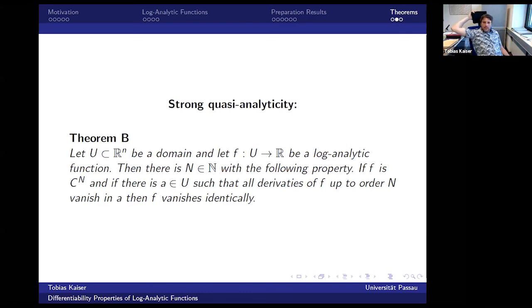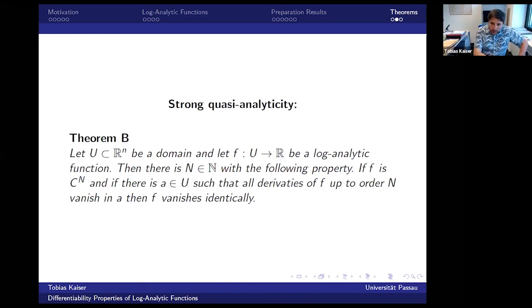If f is C^N, and if there is an A in U such that all derivatives of f up to order N vanish in A, so let's say that this means that f is N-flat at A, then f vanishes identically.